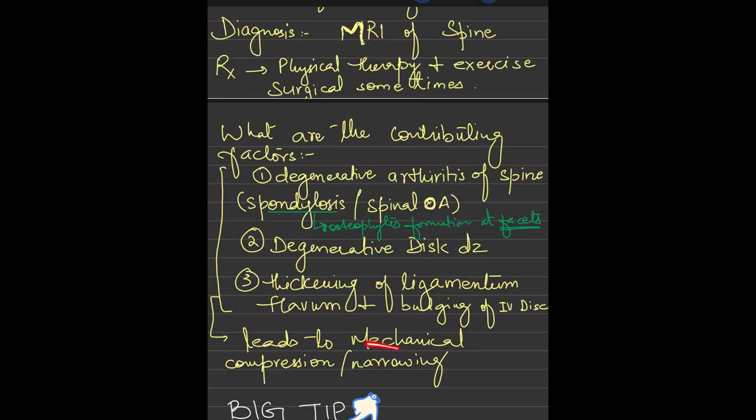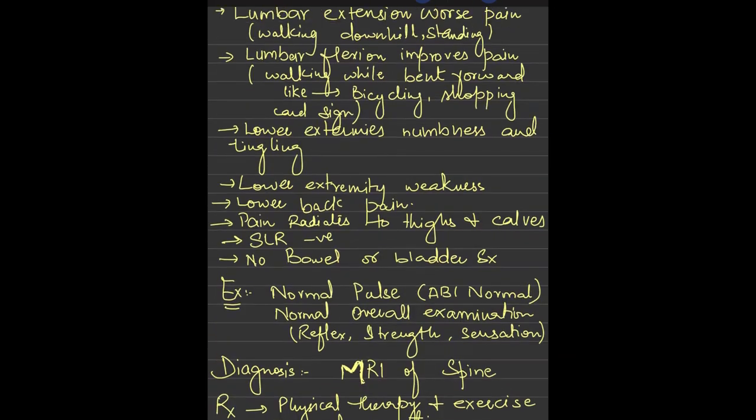That all leads to mechanical compression and narrowing of the cord, and leads to compression of the nerves, and that can lead to pain, and that's why the pain goes to the back of the thigh and the calf muscles. So this is all about spinal stenosis.